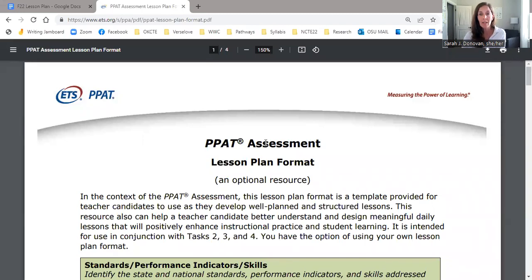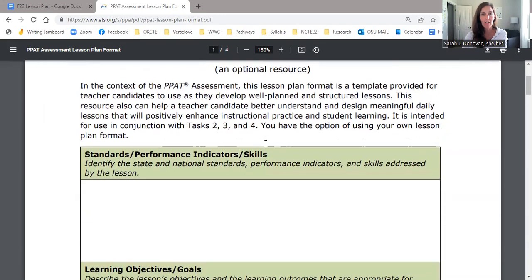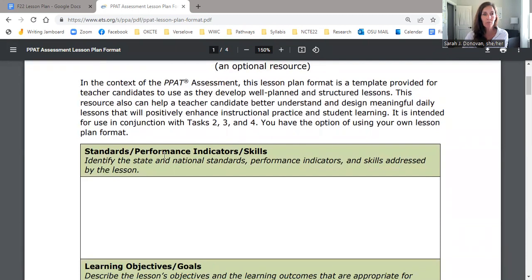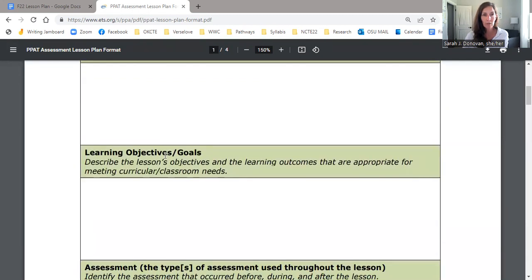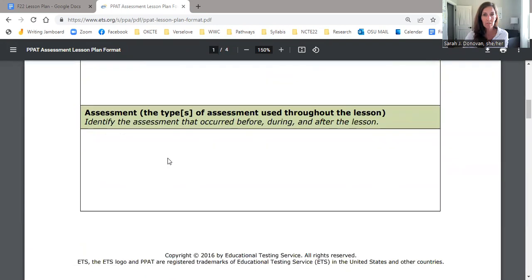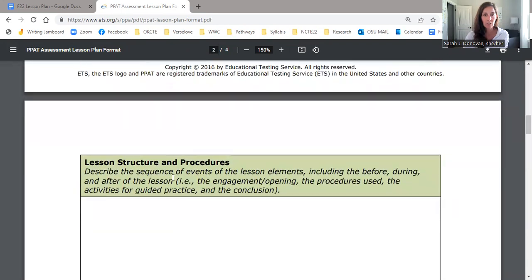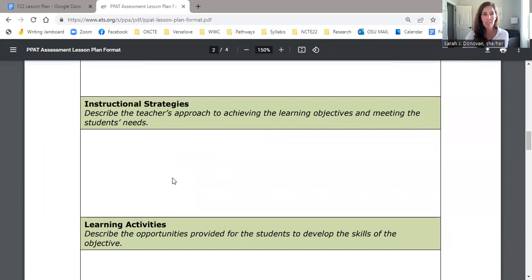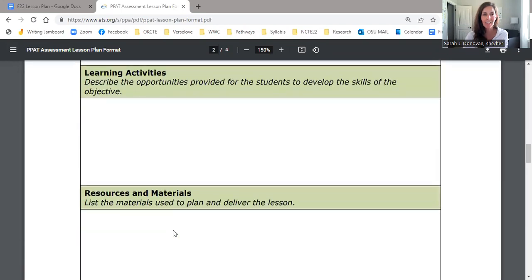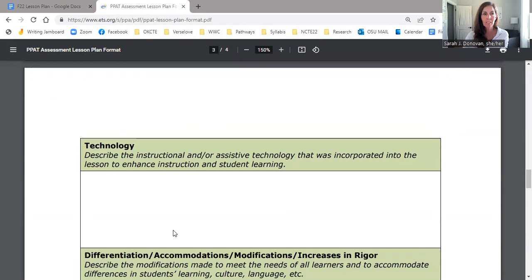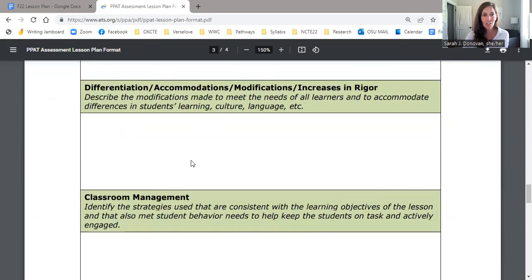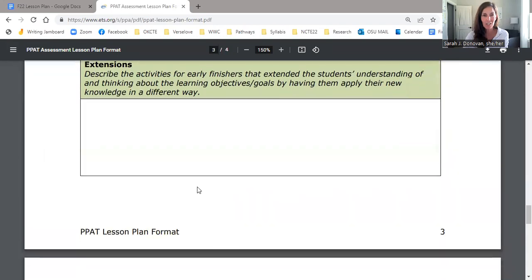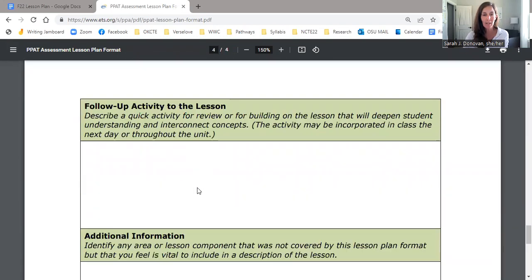Okay. So let me first show you. There's a PPAT lesson plan format, and they have standards, learning objectives, assessment, lesson structure, instructional strategies, learning activities, resources, technology, accommodations, classroom management, extensions, and follow-up activities.